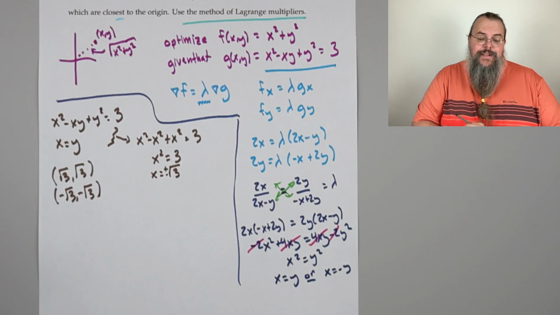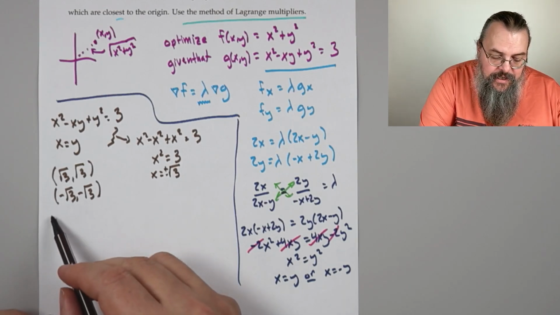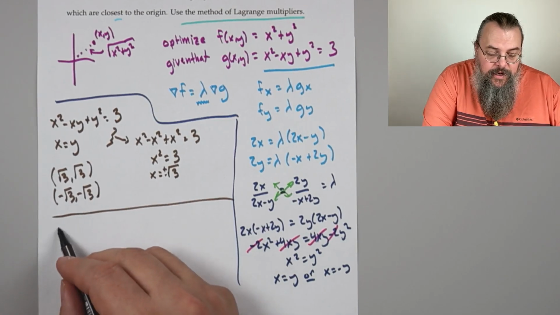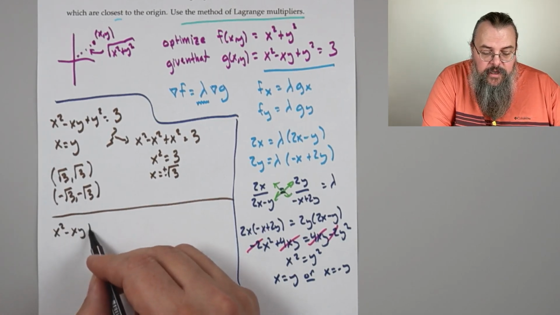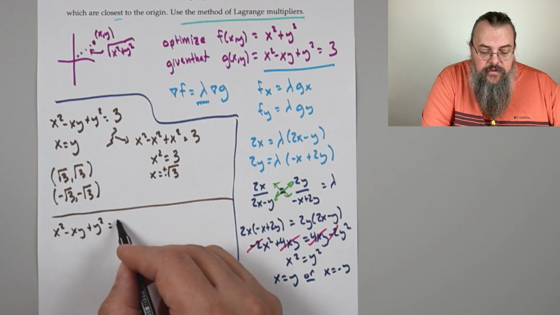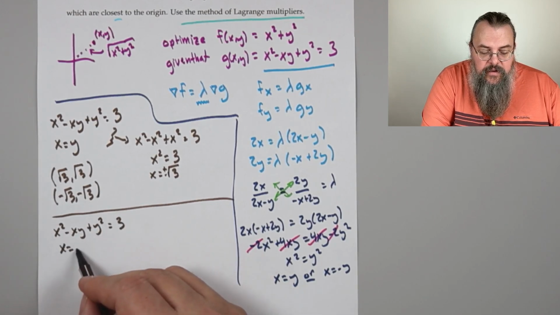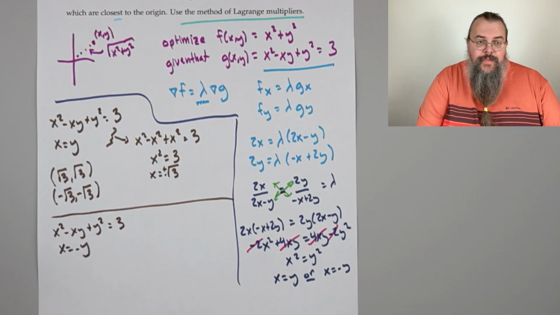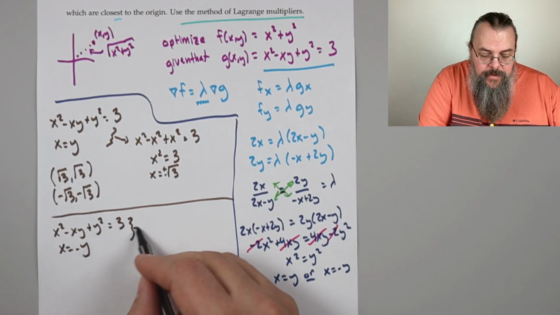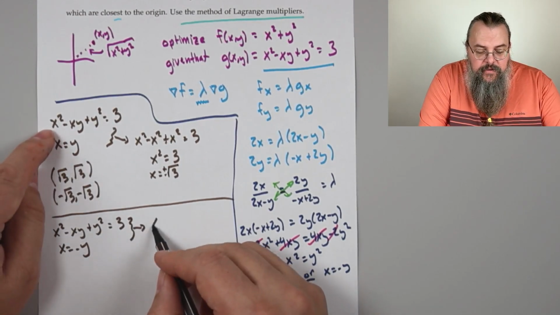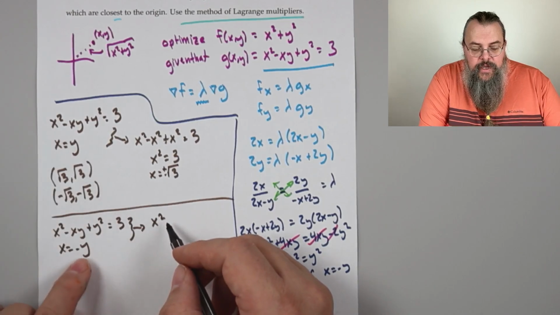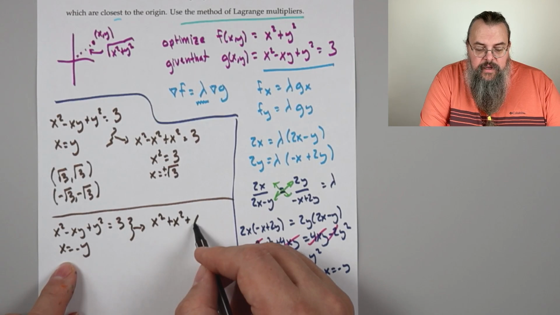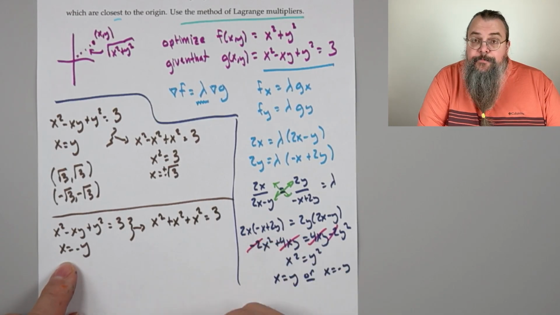Now, that's one possibility. The other possibility: x squared minus xy plus y squared is equal to 3, and x is negative y. This will become x squared, since negative y equals x, plus x squared plus x squared equals 3.